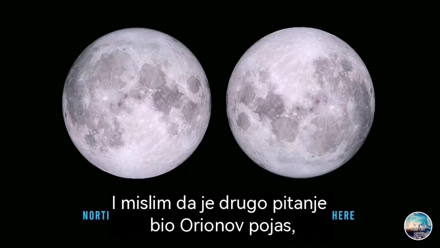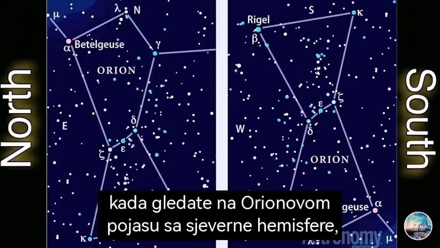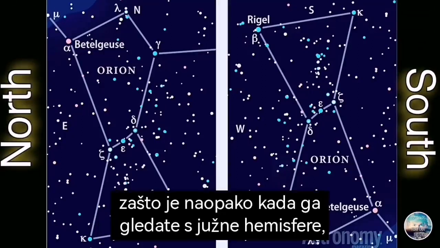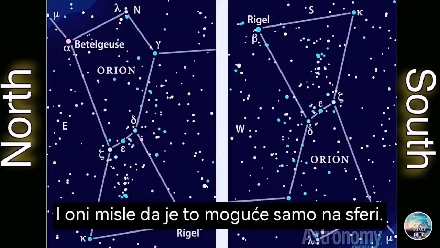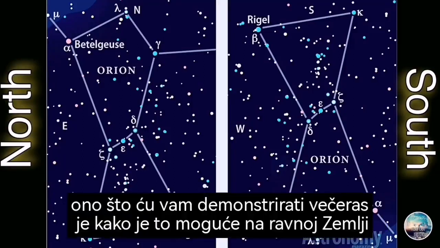And the other question was about the belt of Orion: when you look at it from the northern hemisphere, why is it upside down when you look at it from the southern hemisphere? They seem to think that's only possible on a sphere. So what I'm going to demonstrate tonight is how that is possible on a flat earth.